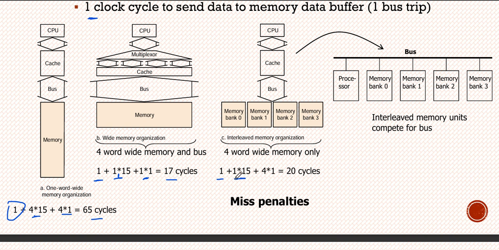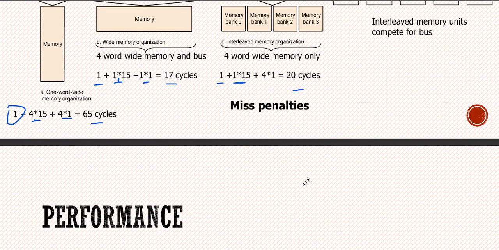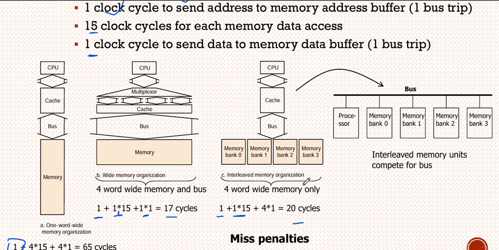So you just need 1 times 15. However, because the bus is not wide, you need a clock cycle each for sending from the bus to the cache. So you come and take this one, this one, this one, and this one. So one clock cycle each, right? So in essence, you have 20 clock cycles, right? And that's the essence.